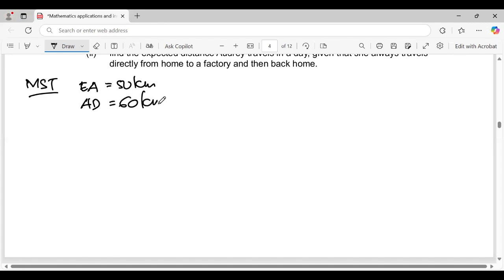60 kilometers. And after that, the tree includes E, A, and D. So the edge with the minimum weight connecting a new vertex is DC, and DC is 90 kilometers.